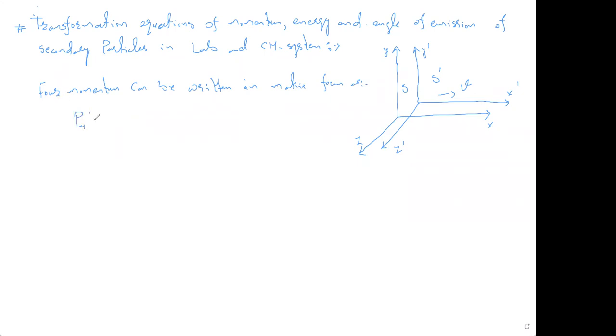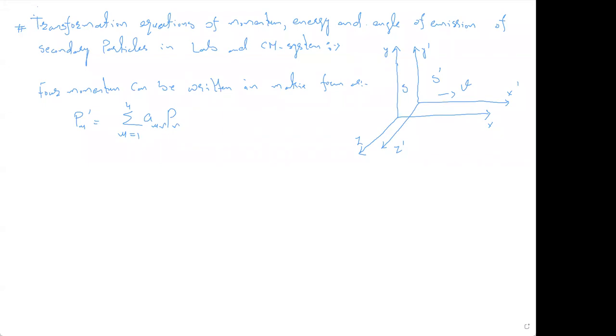That is P mu dash equals the summation, with nu running from 1 to 4, of a mu nu P nu. This is how we write the four momentum in matrix form.